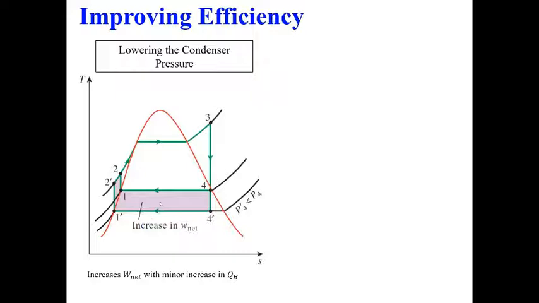What we see here is that this shaded area is the increase in W net, while there is a small, minor increase in heat supplied. The increased length of this curve amounts to more heat to be supplied to the working fluid, but that is a slight amount. Overall we see that W net is increased, so efficiency will improve.